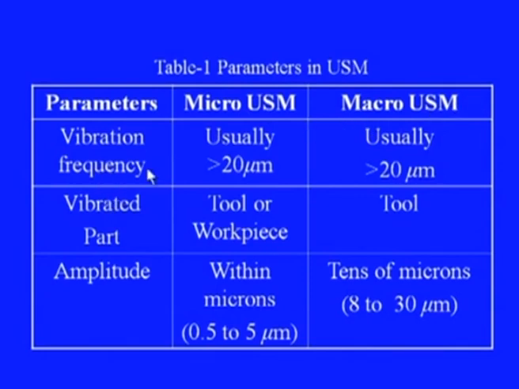The vibration frequency is in both cases in the ultrasonic range, that is, greater than 20 kilohertz. The vibrated part can be either tool or workpiece in case of micro USM, but in macro USM generally the tool is vibrated.